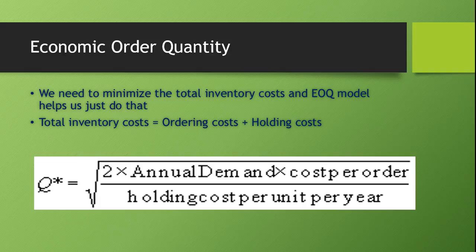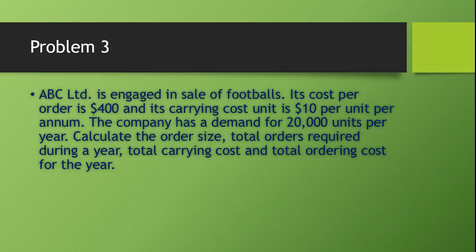Now a very important formula and term that you must remember is economic order quantity. We will calculate the economic order quantity using a formula that takes into account annual demand, cost per order, and holding cost, and then calculate the total inventory cost. We will try to see when we should order and what the economic order size is.